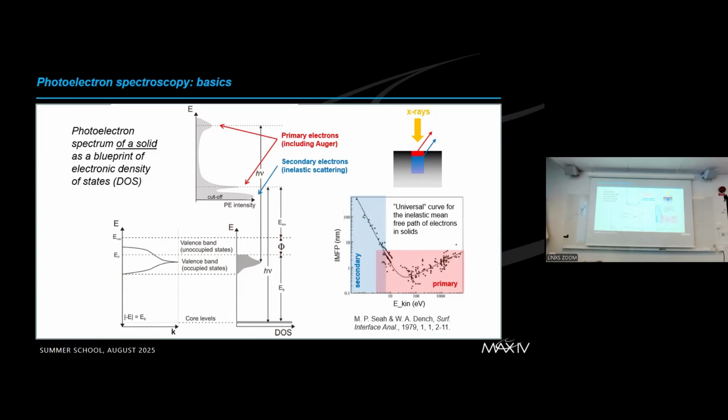Secondary electrons have very low energies, and there are no scattering events with high cross sections available for them to lose their energy. That's why they can travel large distances without scattering, and that's why the information depth from secondary electrons is larger than from the primary electrons.